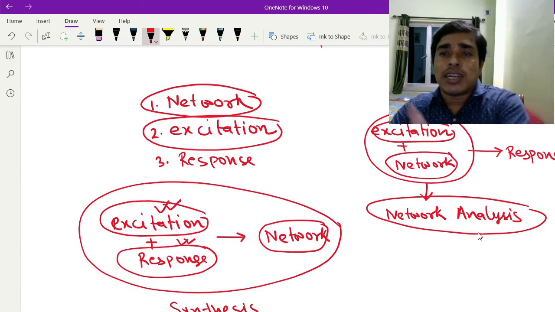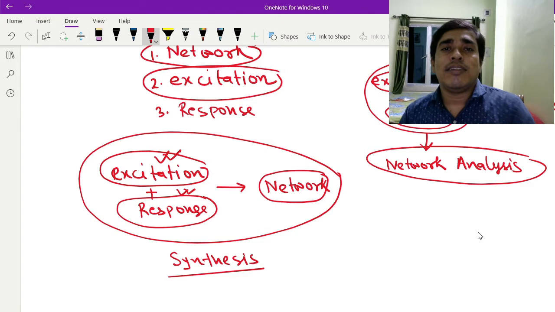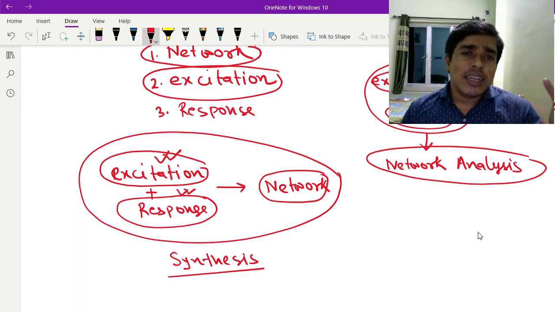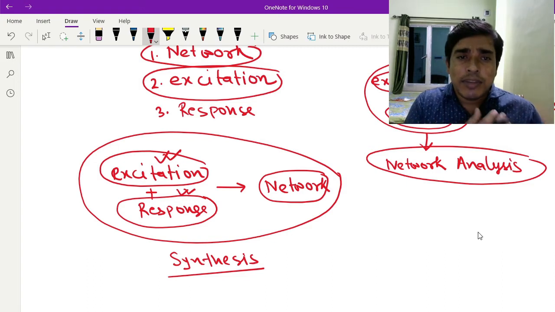One is network analysis, another is network synthesis. What is network analysis? When your known factors are excitation and network, you have to calculate the response. This is called network analysis. But when your known factors are excitation and response, you have to design a network for that specific excitation and response.